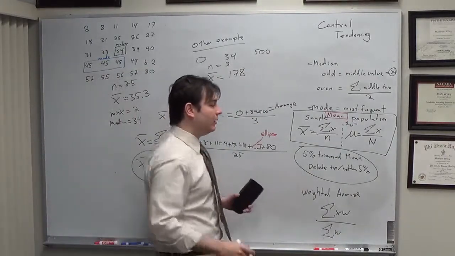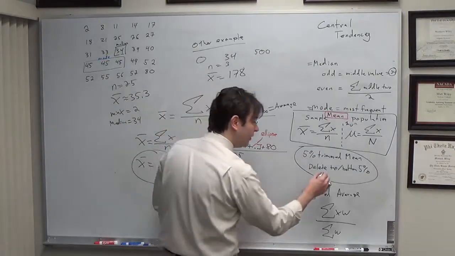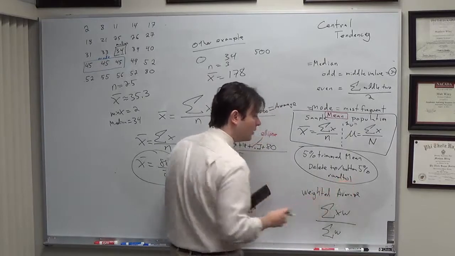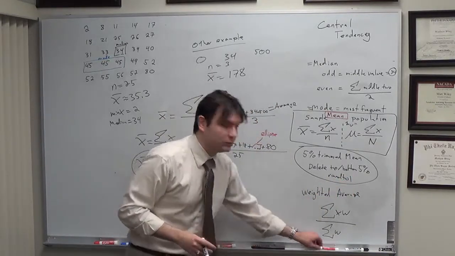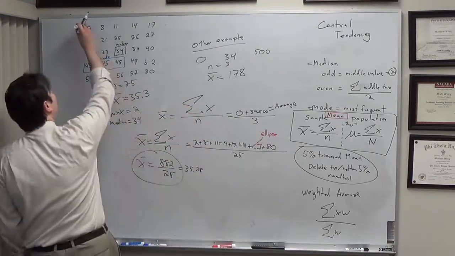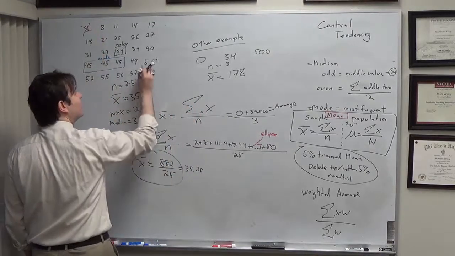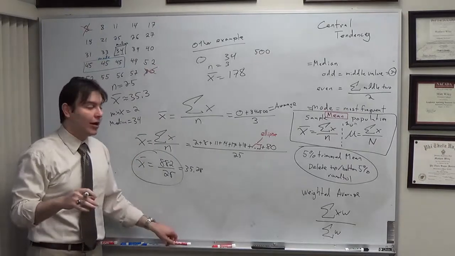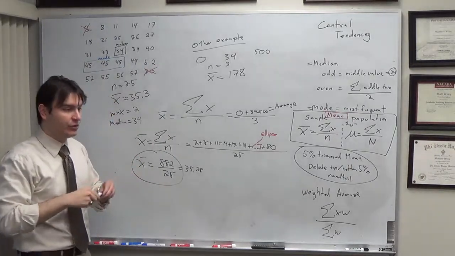So for a trimmed mean, I round to an integer of 1. And that means I'm going to cut off the bottom 5% and the top 5%. Here I'm only counting 1 off from each side because we rounded to 1 when we took 25 and multiplied it by 5%.